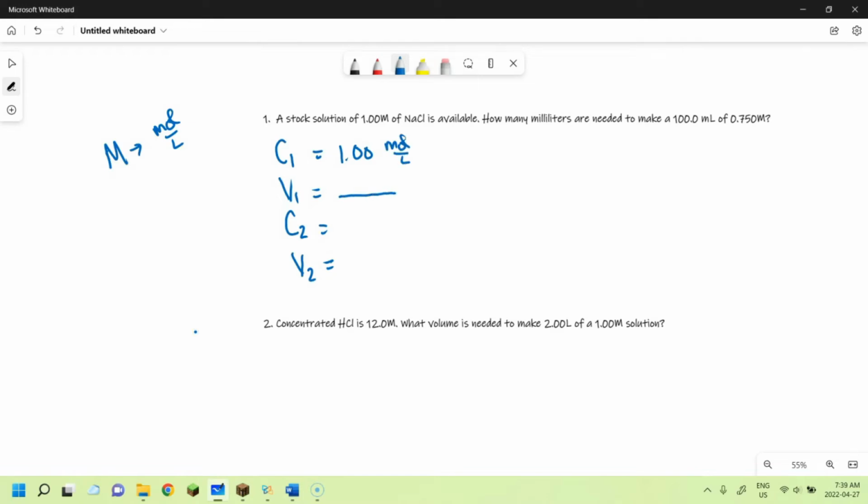We don't know the volume of this solution that we're going to use. Then we know our new concentration, and we know the volume of it.